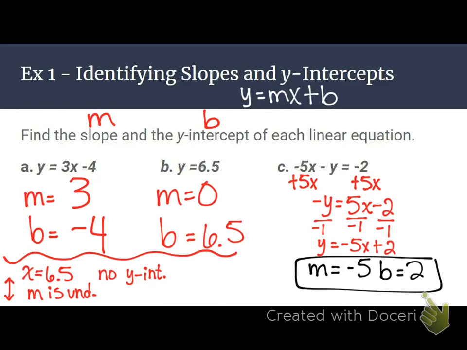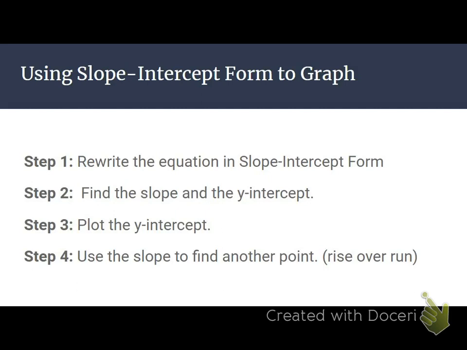Okay. Next up in our notes, we need to write down the steps of how we would graph from slope-intercept form. Step 1 is to make sure that it is in slope-intercept form, like we just did on that letter C. Then we find the slope and the y-intercept.